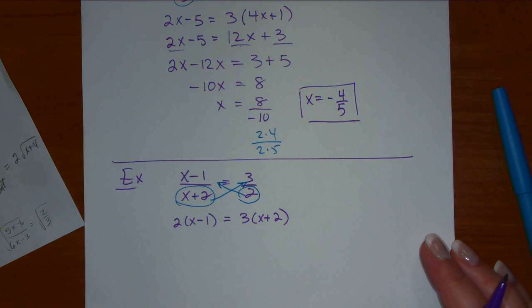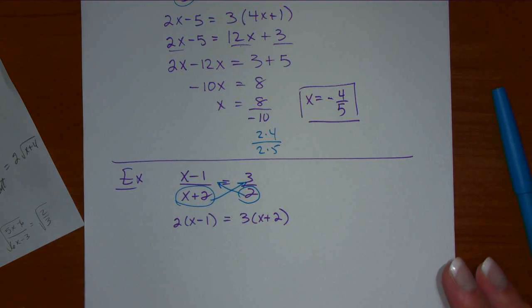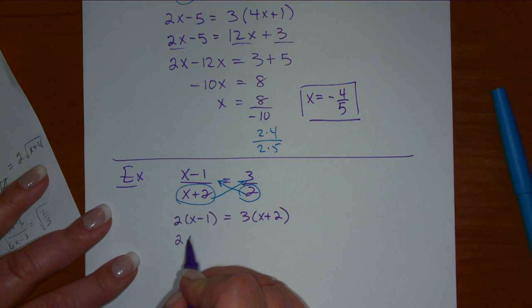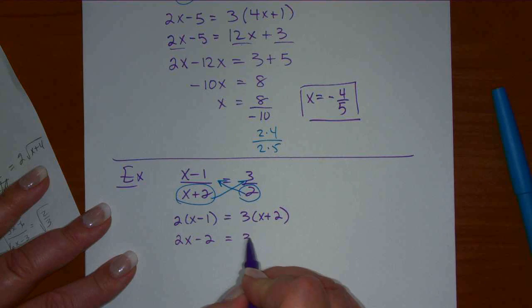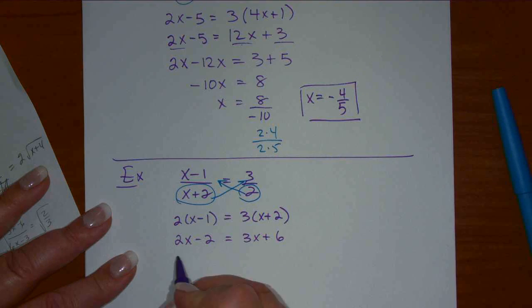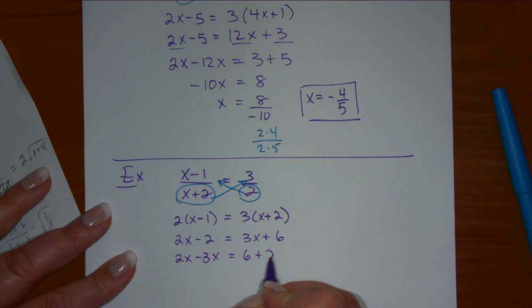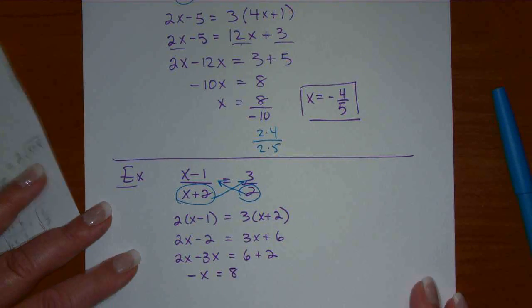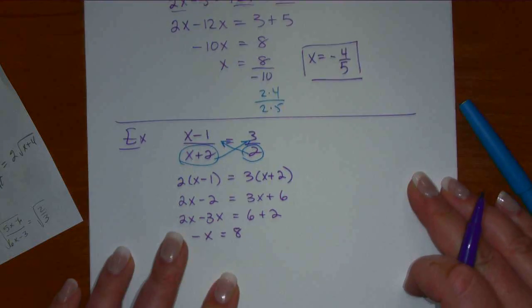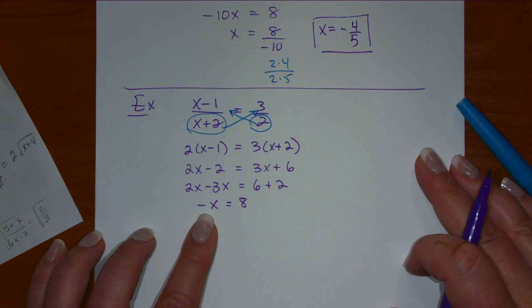That way. And then multiply it out and solve. So 2x minus 2, 3x plus 6. This is not an answer. You have to divide by -1.